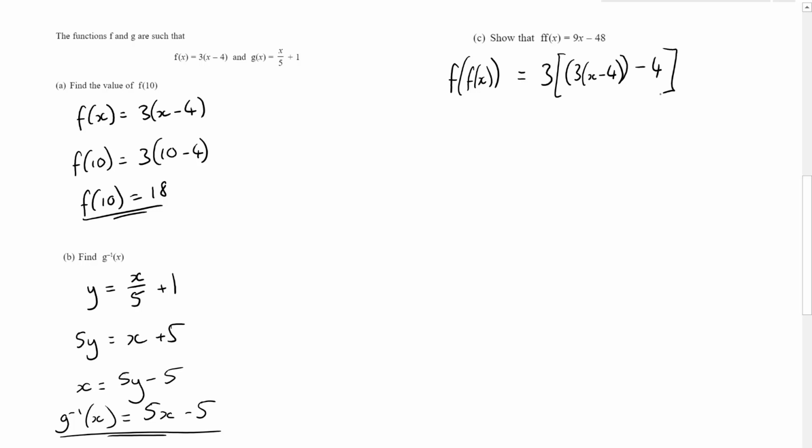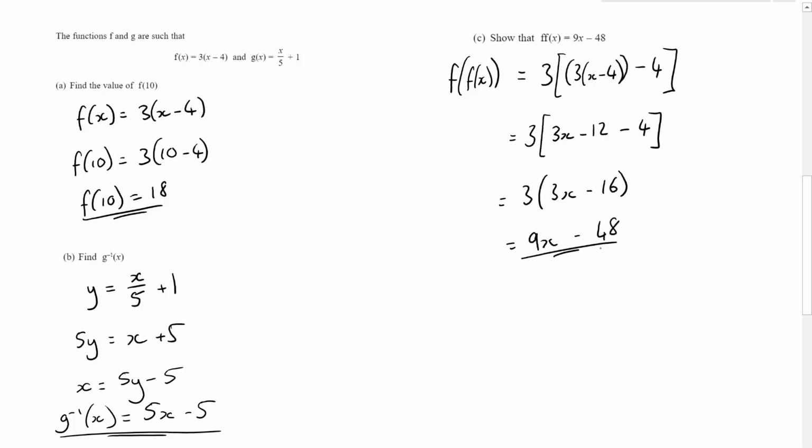And so we're basically just working with a bunch of brackets. We're going to have to expand this. If we expand this, we get 3 times 3x minus 12, minus 4, and this is 3 times 3x minus 16. Then if we expand this becomes 9x, and 16 times 3 becomes 48, and so we get our answer.